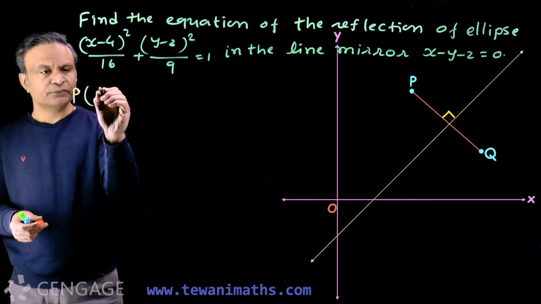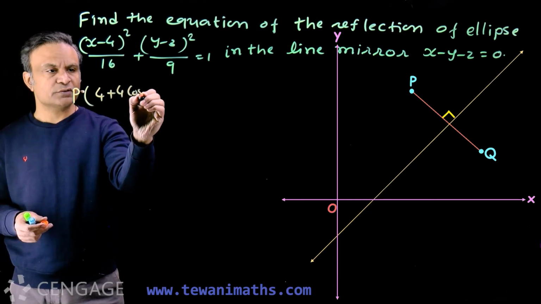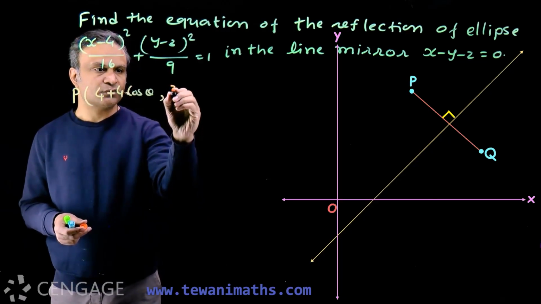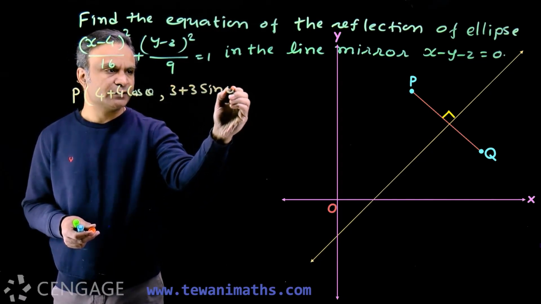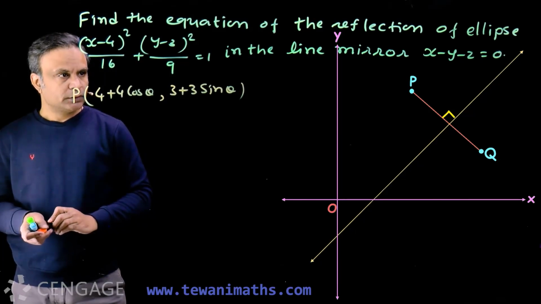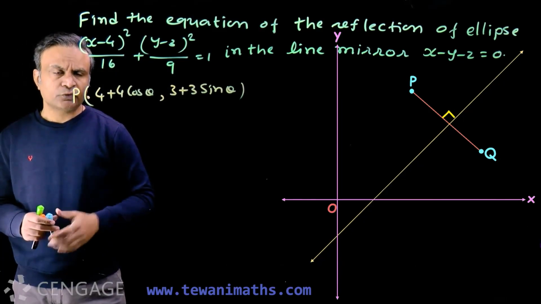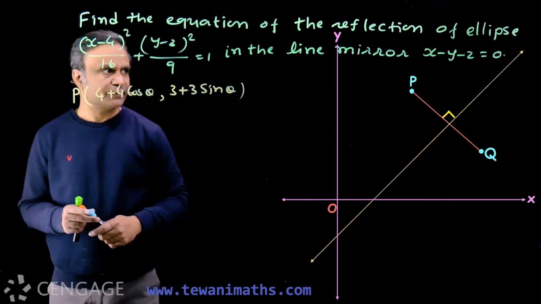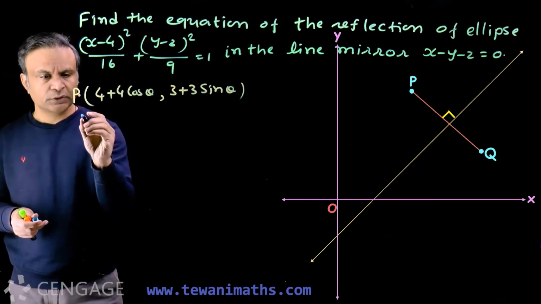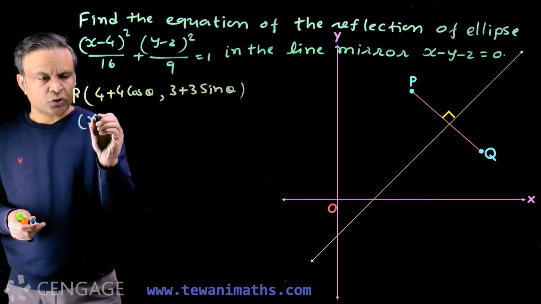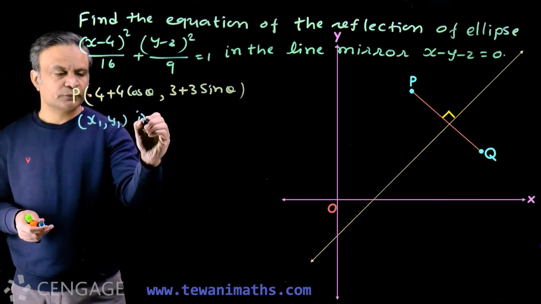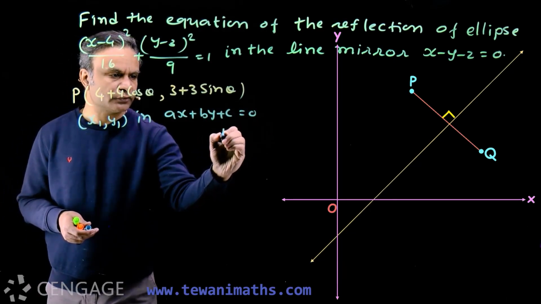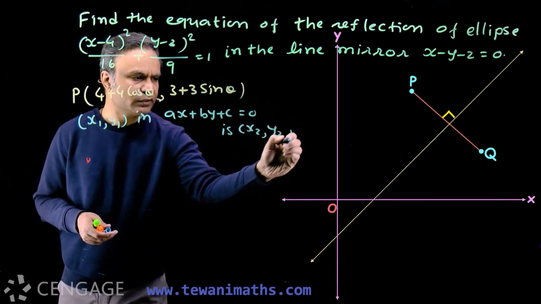पैरामेट्रिक कोऑर्डिनेट्स will be 4 plus 4 cos theta, that is x1 plus a cos theta, comma y1 plus b sin theta. So we have here 3 plus 3 sin theta. Okay. Now we have one direct formula to find coordinates of reflected point in the given straight line. Recall करते हैं वो formula. Suppose image of point x1 y1 in line ax plus by plus c is equal to 0 is x2 comma y2.